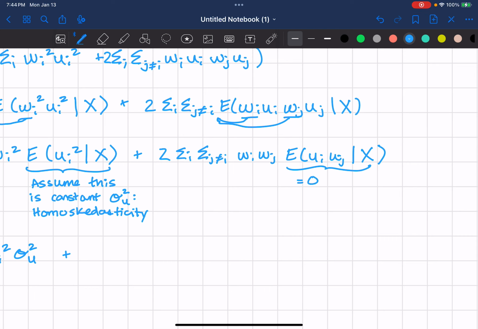Because this term is the covariance of ui with uj. And if every observation is a random sampling of the variable, then this covariance being 0 is a given. And this is called no autocorrelation.